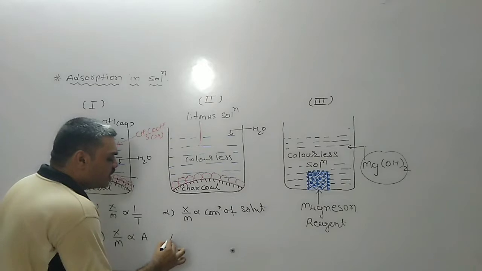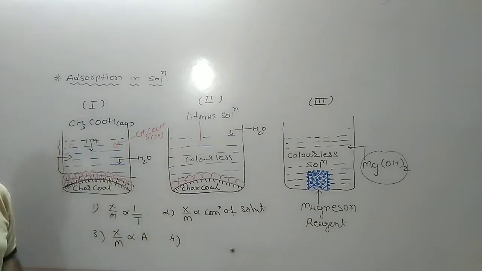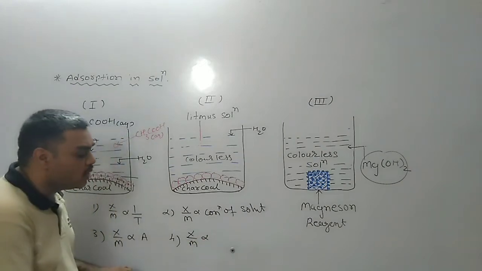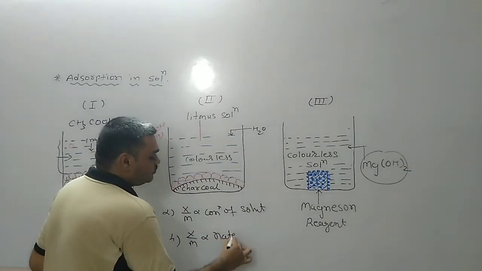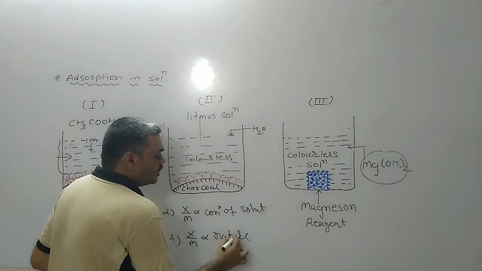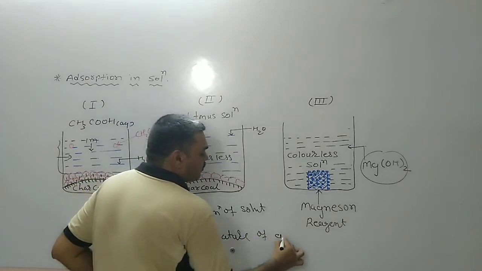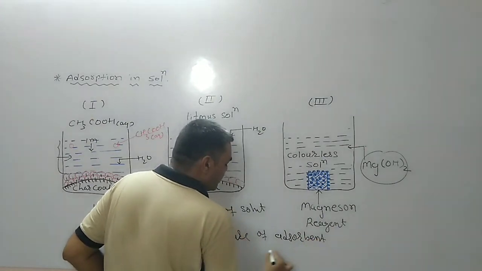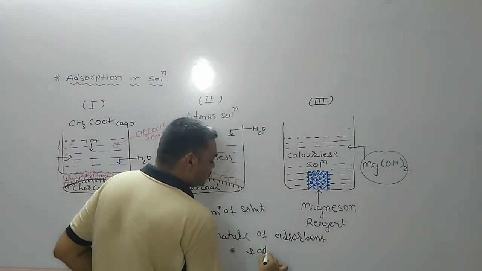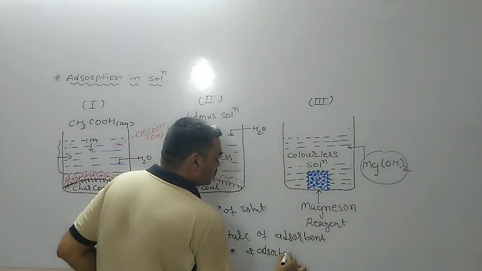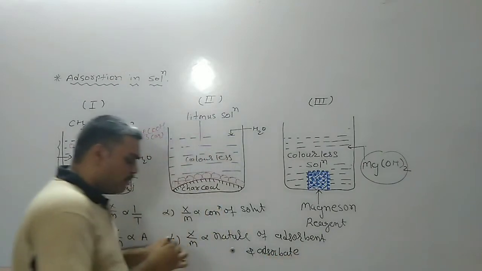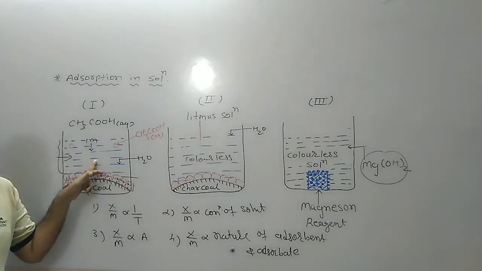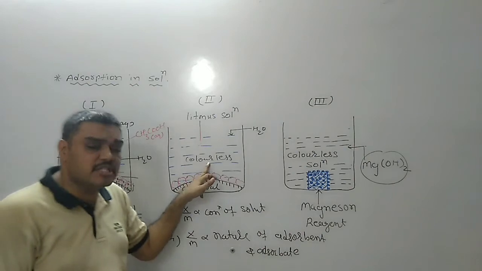The fourth conclusion you will find from this experiment is that x by m adsorption is directly proportional to the nature of the adsorbent and adsorbate. Here you will find acetic acid as adsorbate, and here litmus as adsorbate.